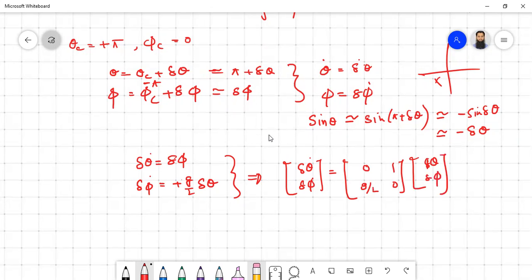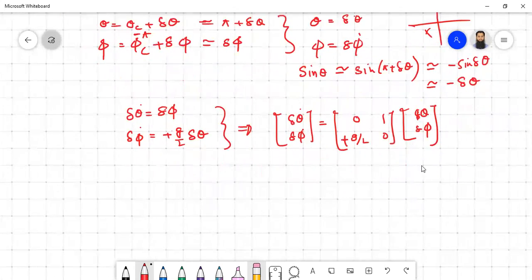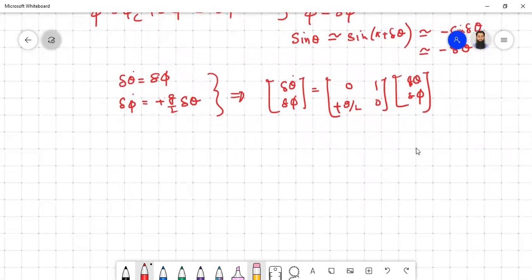Now here you can see there is only a slight change. Previously you had a negative sign, now it is plus. Let's see how significant this change is in terms of the phase plane analysis. Now, as we know, the next step is to find the eigenvalue.